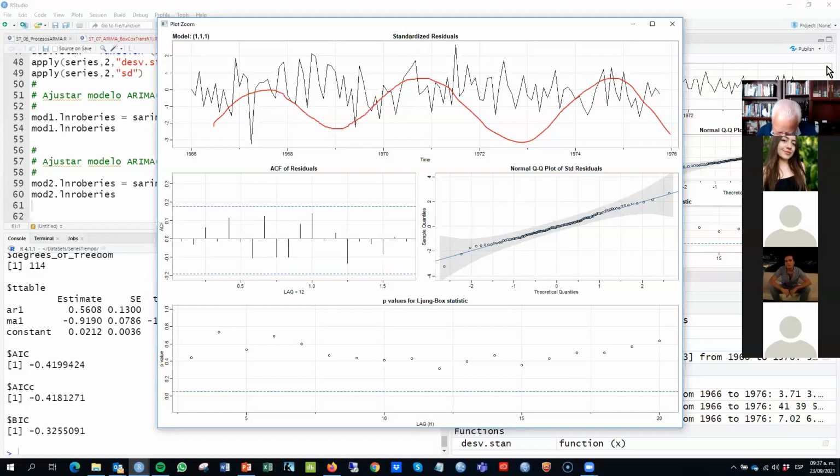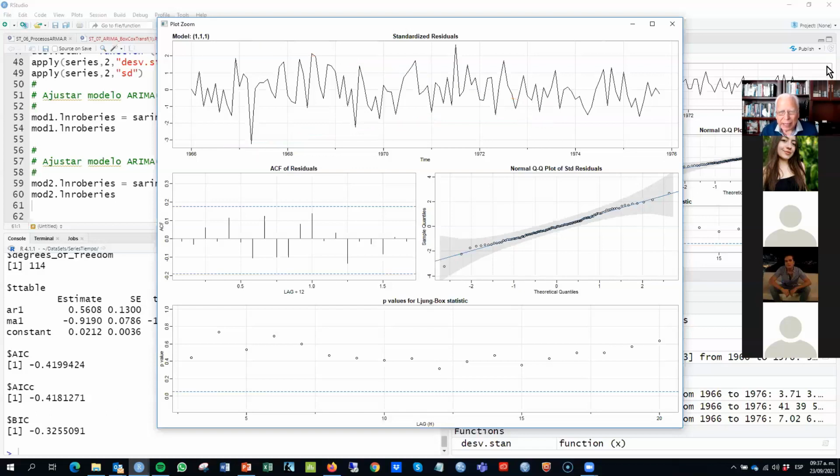If I were to see variance increasing or decreasing, well, that's an indication that I need to go back. If I saw something like that, some funnel type pattern, that will tell me that I need to go back to transformation.